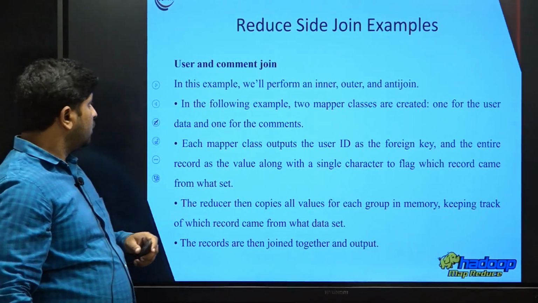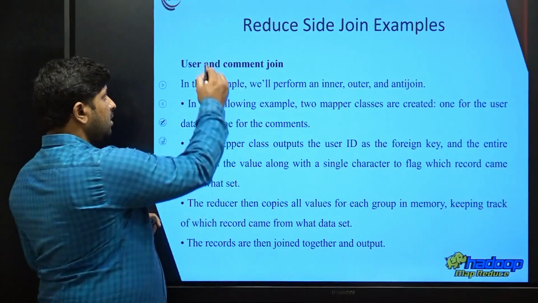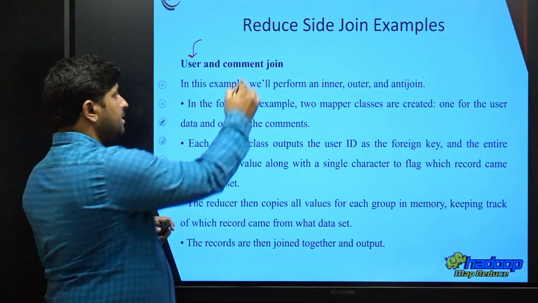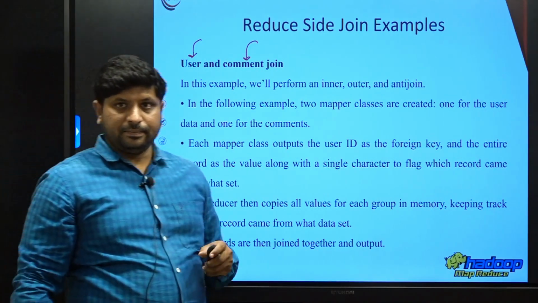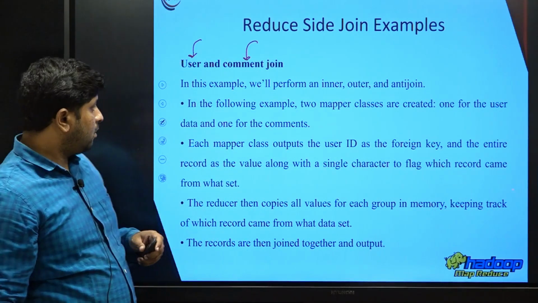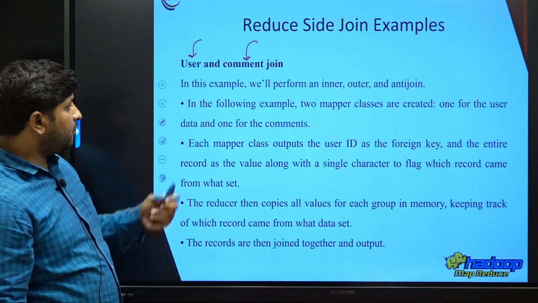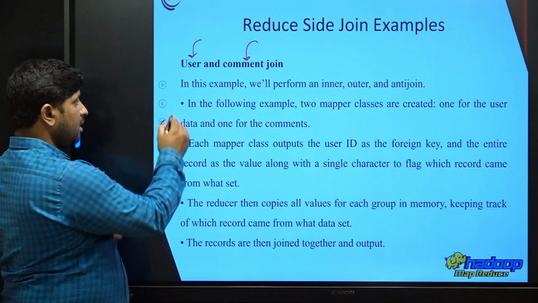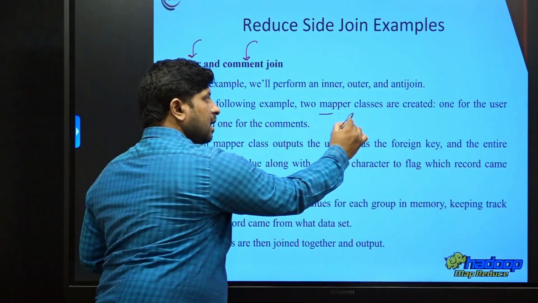The example we are going to focus on: first we take a users.xml file, and secondly a comments.xml file. On these two data sets we will apply the reduce side join, and these are the steps. Firstly, we will create two mapper classes.